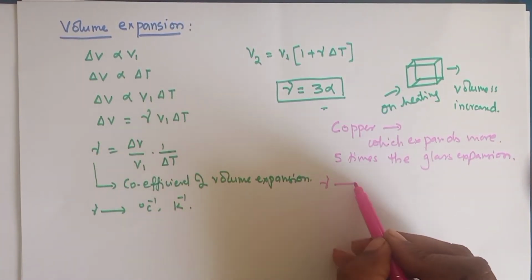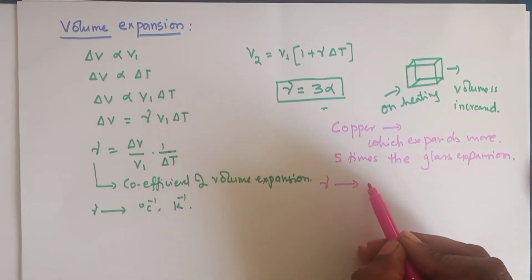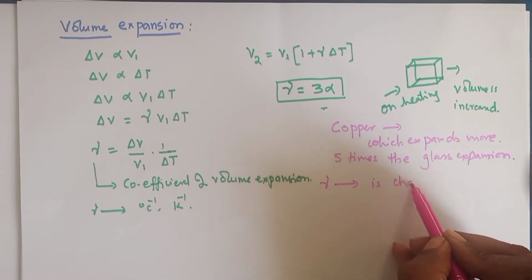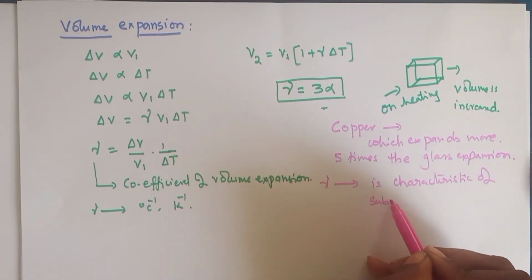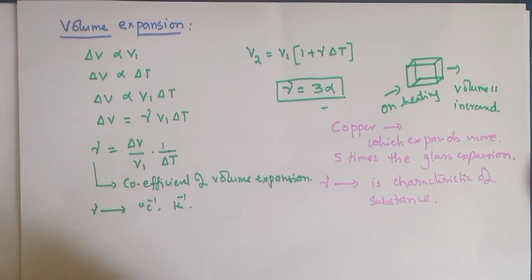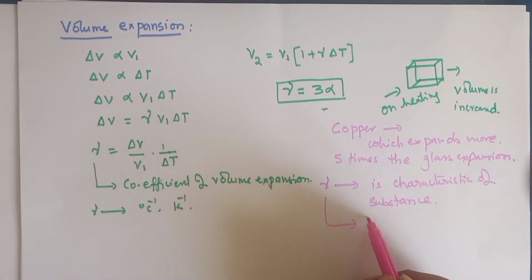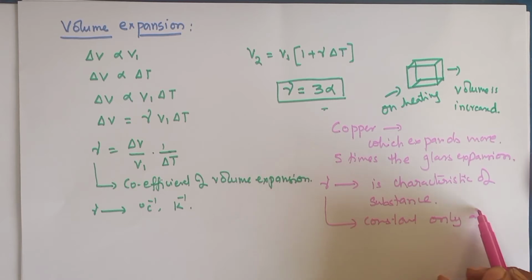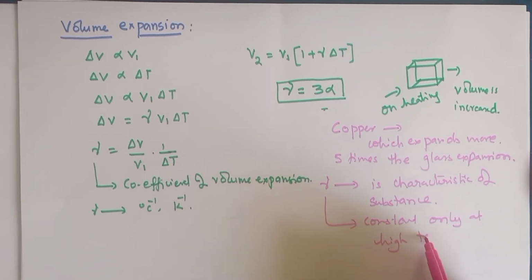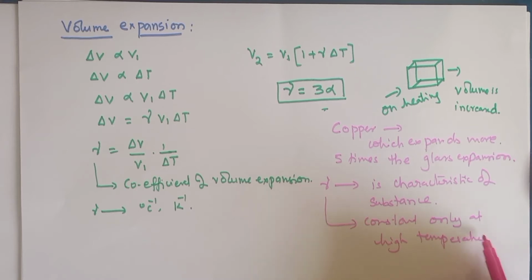And gamma, which is called the volume expansion coefficient, is not, strictly speaking, constant, but it is a characteristic of the substance. It is seen to be constant, by observation, only in the high temperature range.